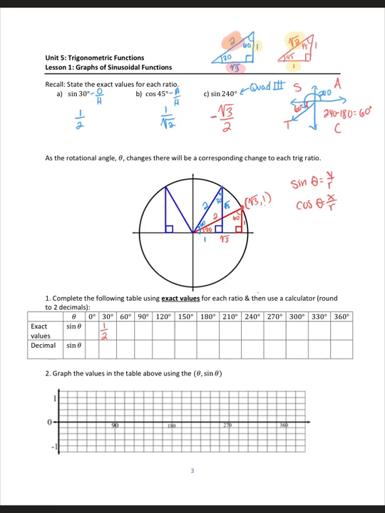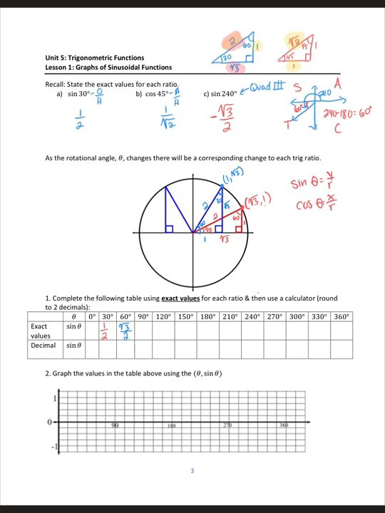Well, remember, I said that sine is equal to the y value over your radius. So this time, this point is at, my x value was 1, and my y value was radical 3. So the sine of theta here, the sine of 60, is going to be my y value, which is radical 3, over the radius, which is 2.